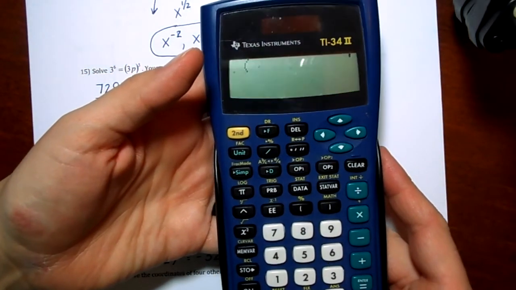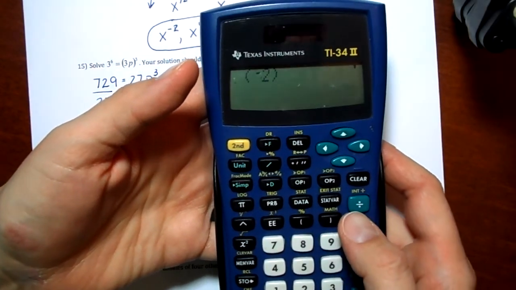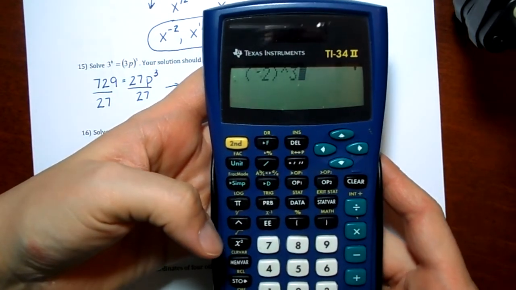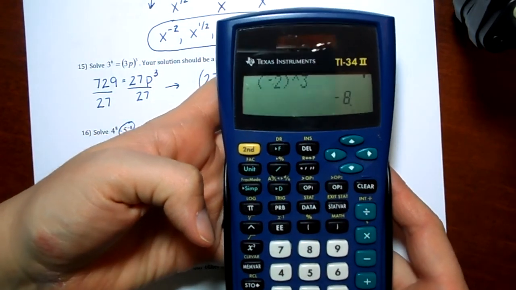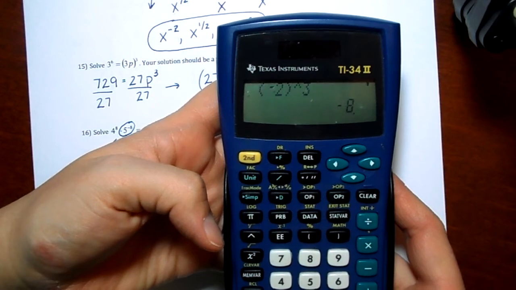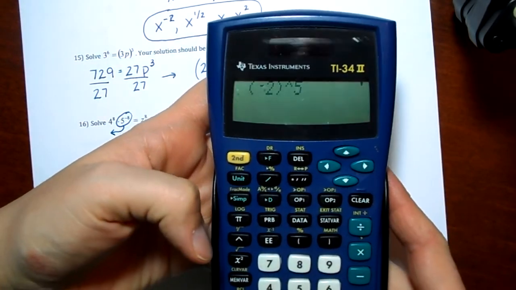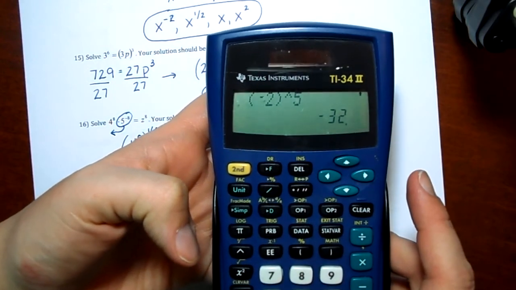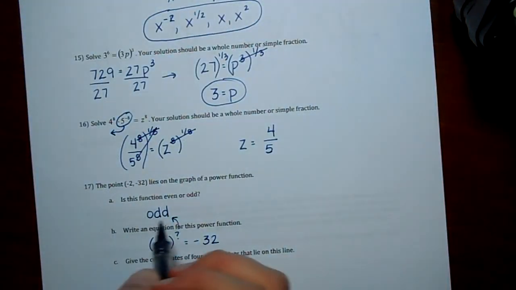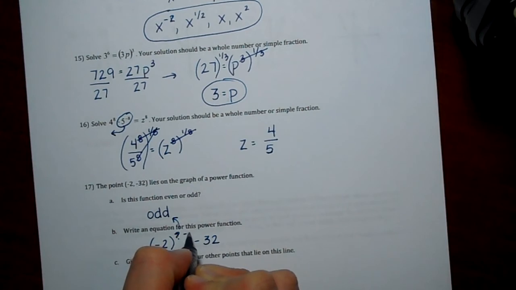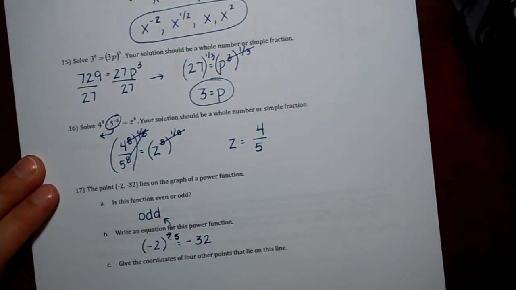So I might try -2, remembering to put that -2 in parentheses, to the power of 3. Again, I'm only checking odd powers. That comes out to be -8, so that's not it. Let's try -2 to the power of 5. And there you go. -2 to the power of 5 gives you -32.